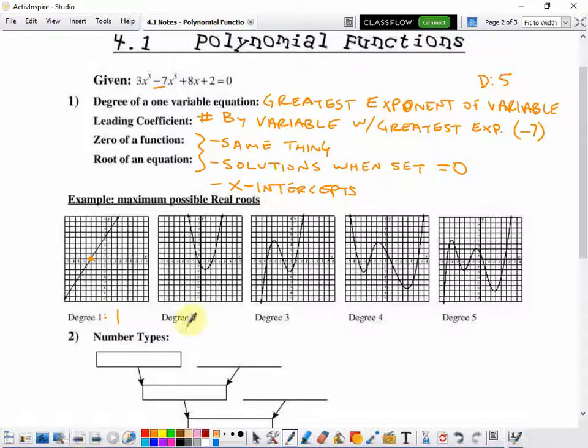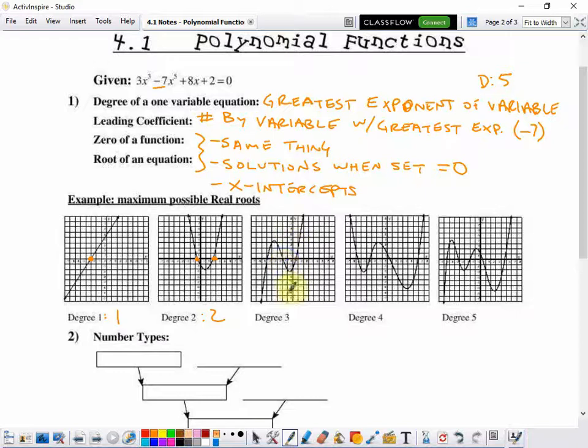If the degree is 2, notice it crosses the x-axis twice. It doesn't have to. If this is shifted up higher, it might not touch it at all. Or maybe the vertex just touches, but we're talking about the maximum number of possible real roots. So a parabola like this, when it's shifted just right, can have as many as 2 real roots where it crosses the x-axis twice.